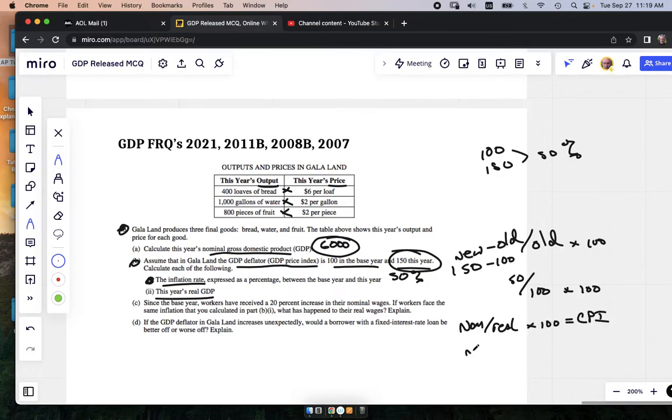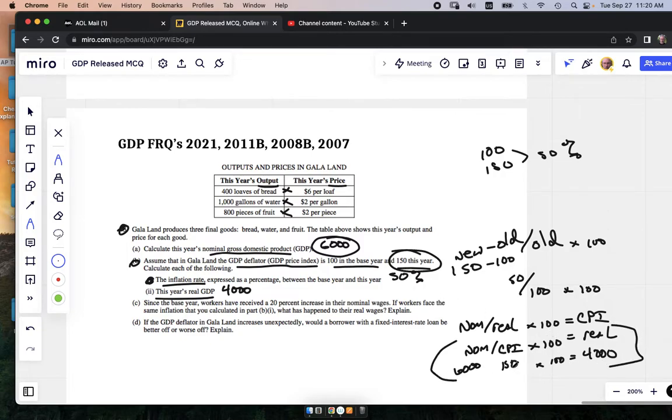Or we can flip that around and say nominal over the CPI times 100 equals real. So we've got the 6,000, we've got the CPI of 150, and times 100 will give us 4,000. I just know it because I've done it a lot. But you should do the math and make sure that it works for you and that you can do that on your calculator with no problem.